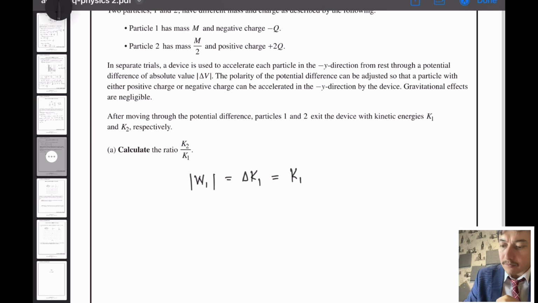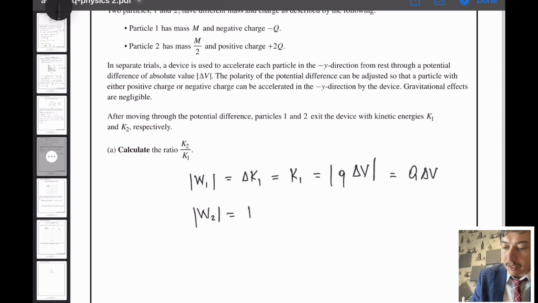Since we are starting from zero speed, it's going to be the kinetic energy of the first particle at the end. So work done on the charge, again absolute value, can be calculated by multiplying the charge by the potential difference. In the first case, it's going to be q times delta V. Similarly, for the second charge, the work done will be equal to K2, which is going to be equal to q2 delta V2.